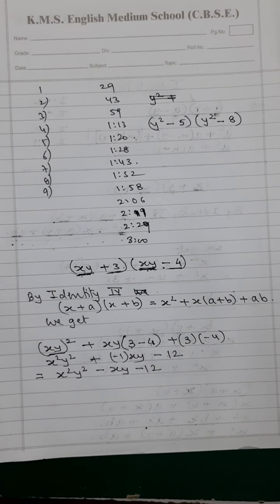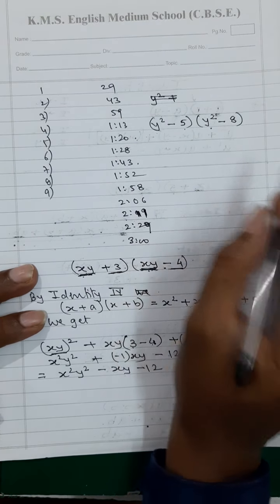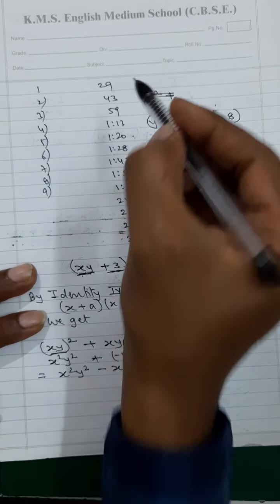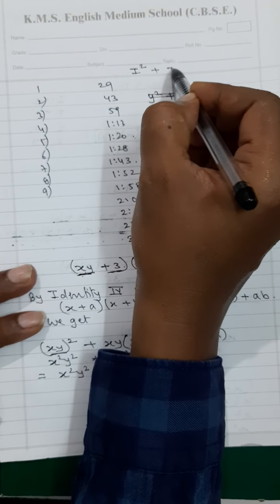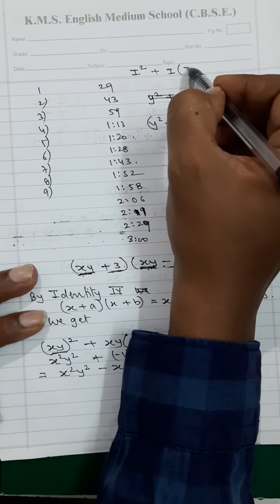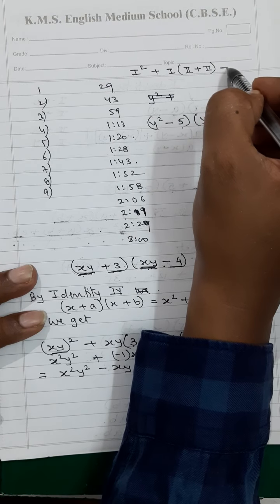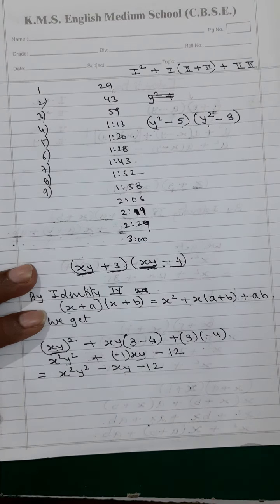Even now the first term is equal, the same first term y square. Second terms are different. Again identity 4 will come into the picture. According to identity 4, square of first term, plus first term into the sum of the second terms, and remember second terms with their signs, plus product of the second terms. This is the way you should always consider it.